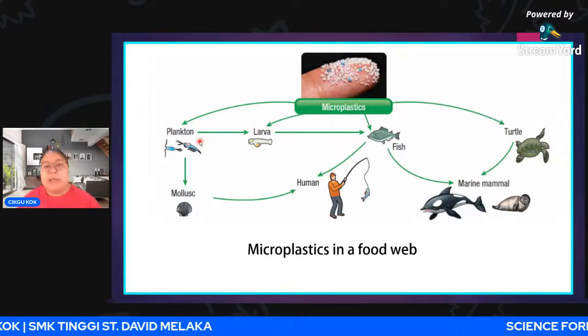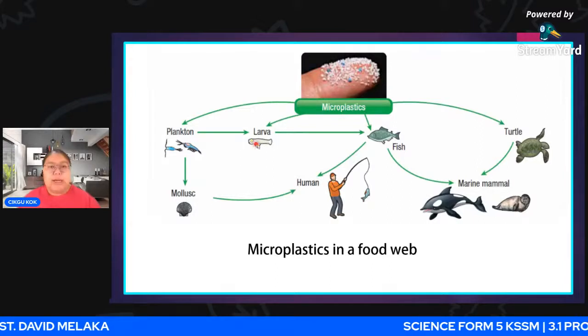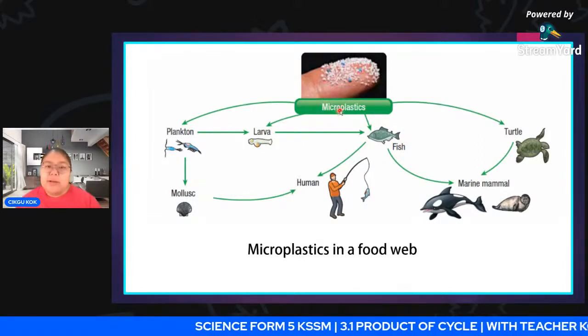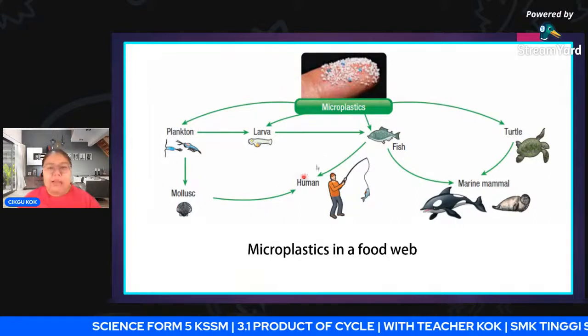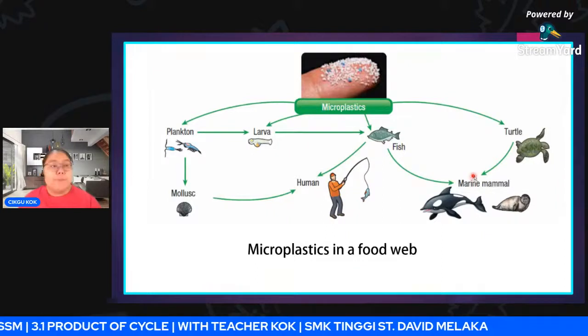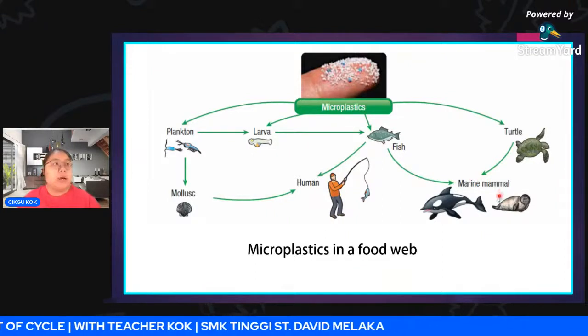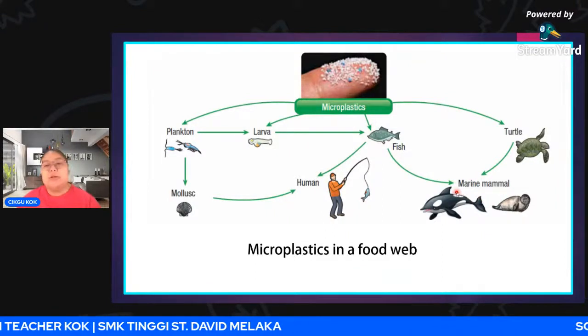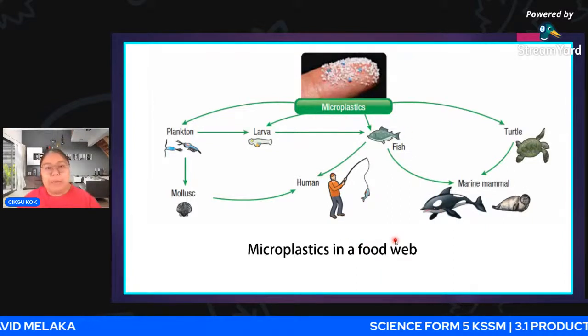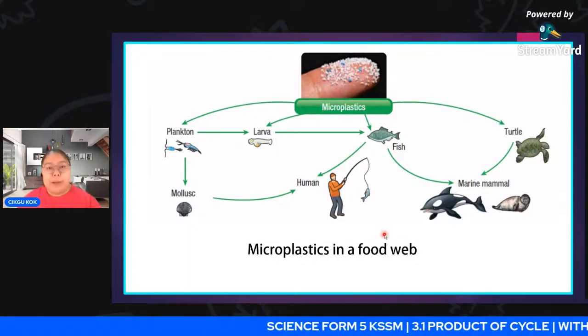Maybe they dissolve in the water. The larvae and the fish also take it as food. So finally it rotates until the human being eats the fish. Or you can say some marine mammals also take this as food. So finally it enters our food web. Okay, so this is the effect of the microplastic on human beings.